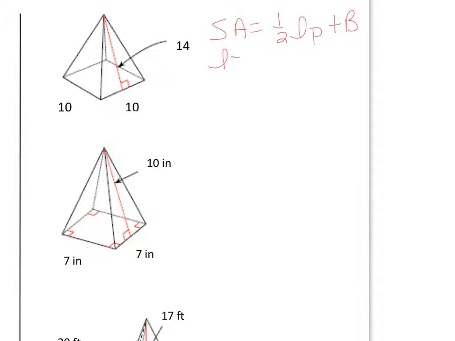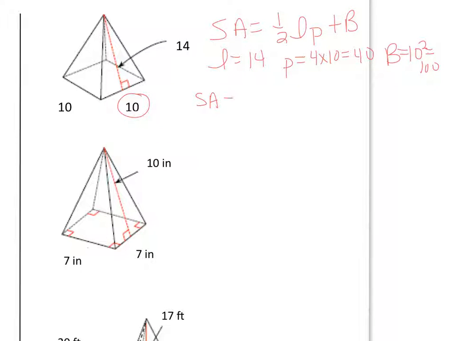The slant height is 14. And then the perimeter of the base, the base shape is a square, so that'll be 4 sides times 10 to give you 40. And then the area of the base will be 10 to the second power, or 10 times 10, which is 100. And now we'll plug those in.